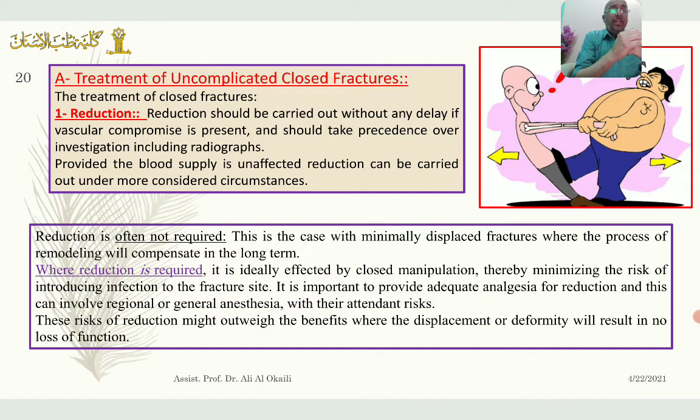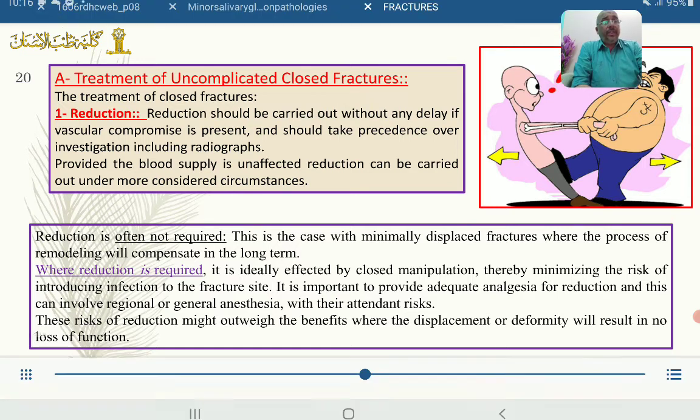And when the reduction is required, it is easily effected by closed manipulation, thereby minimizing the risk of introducing infection to the fracture site. It is important to provide adequate analgesia for reduction, and this can involve regional or general anesthesia to be given to the patient.